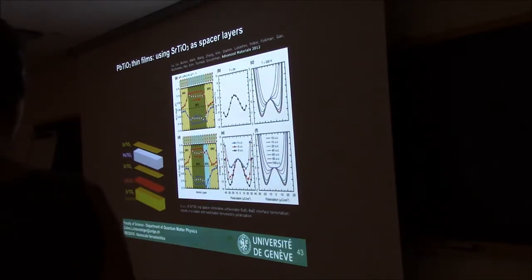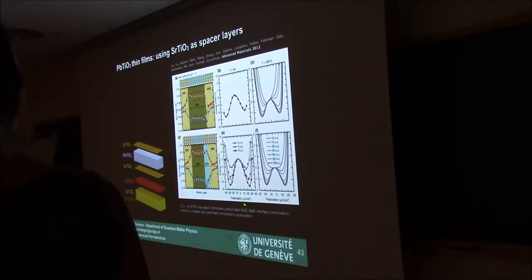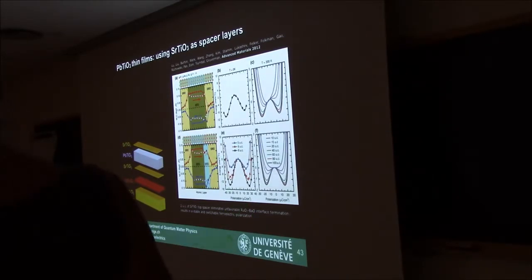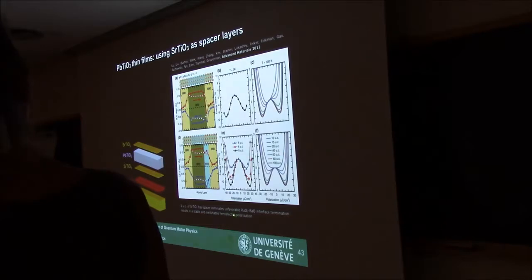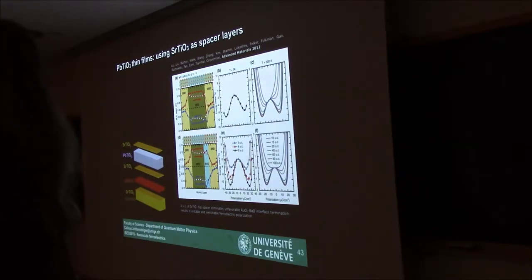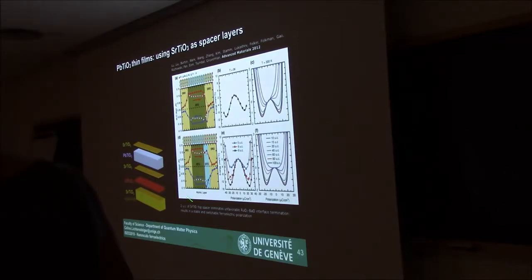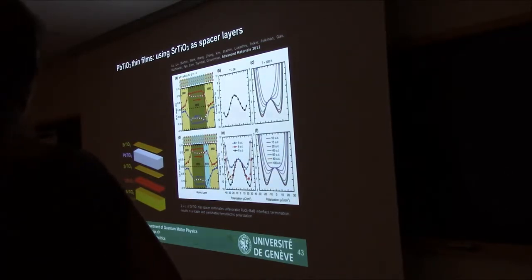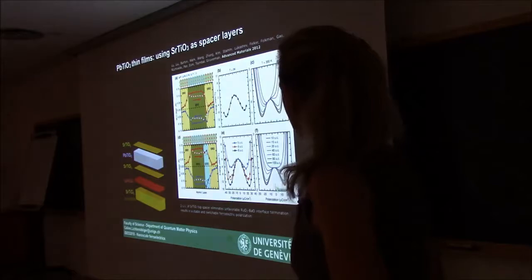This was due to the fact that adding this STO spacer layer removed an unfavorable interface: the titanate oxide layer and barium oxide layer were favoring one polarization over the other, and by putting this STO bilayer, everything became symmetric.